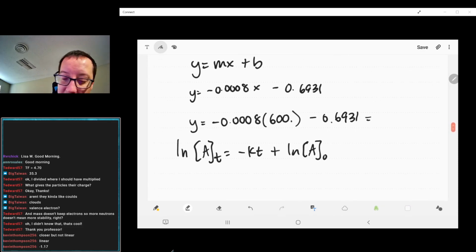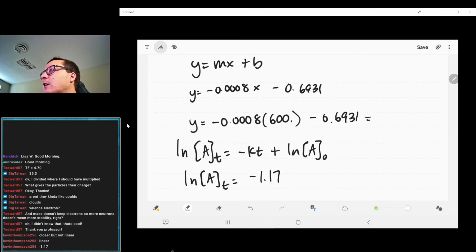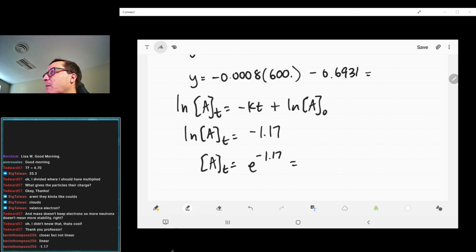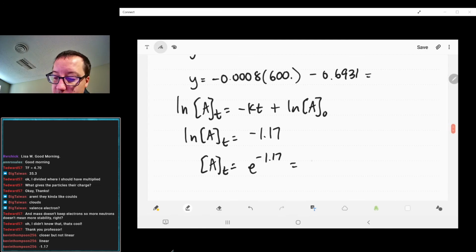So we're actually getting that the natural log of the concentration is going to be negative 1.17 or whatever. So the concentration will be equal to e to that. Remember, since this is a natural log graph, if we were to go back to base units, we have to do e to that. So, my bad, we're good. e to the negative 1.17, I should put. We do that, and we have a reasonable answer now.